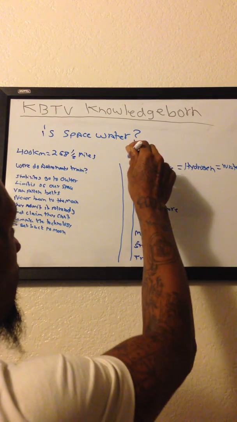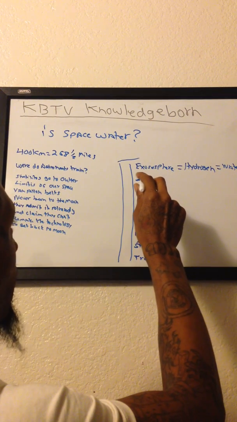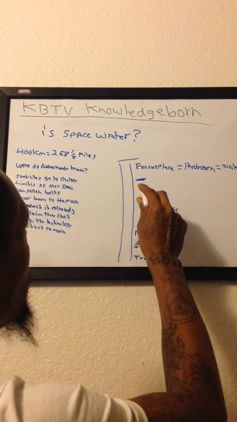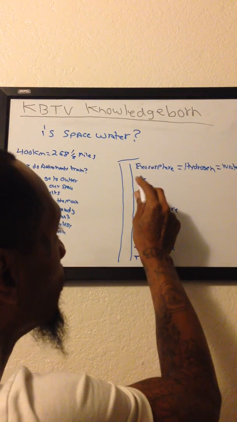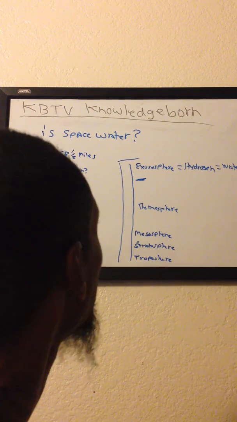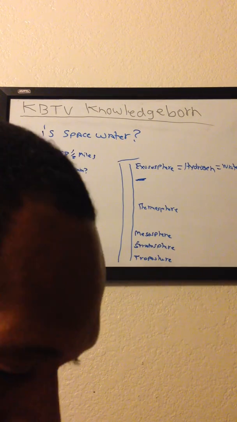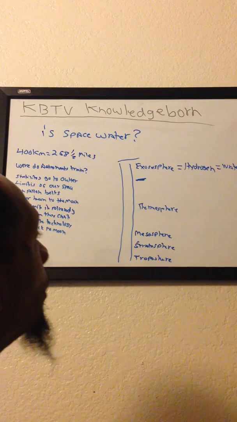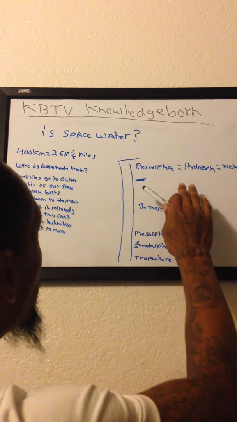Okay, so because this is about 400 kilometers, and astronauts go about that high, or a little less, probably like 300 kilometers. Okay, and anything past that, it's going to be water.